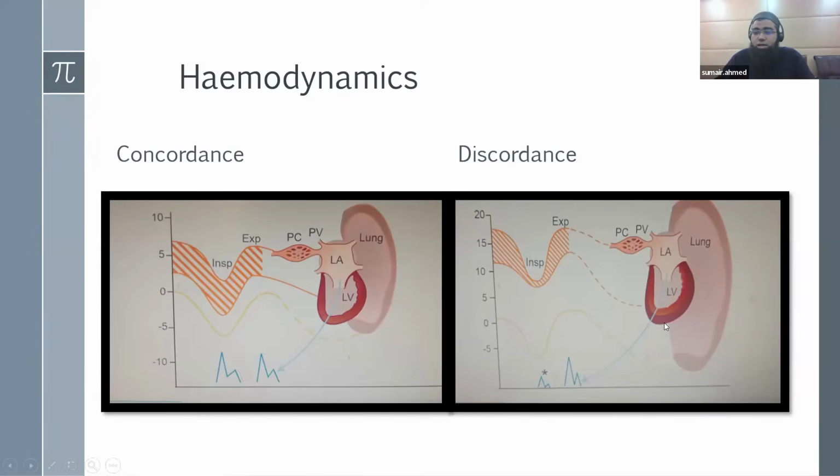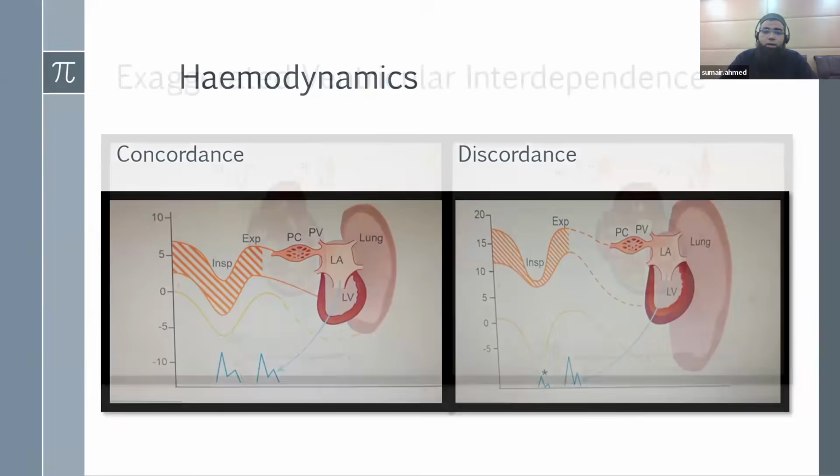As a result, the filling is decreased during inspiration. So this is the concept: there is a mismatch of the intracardiac and intrathoracic pressures.